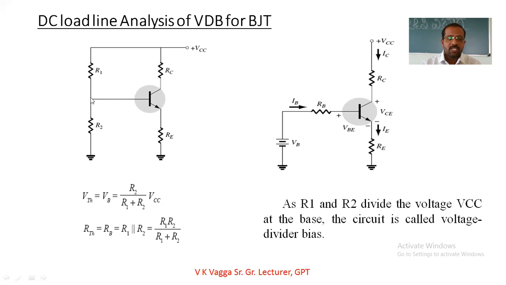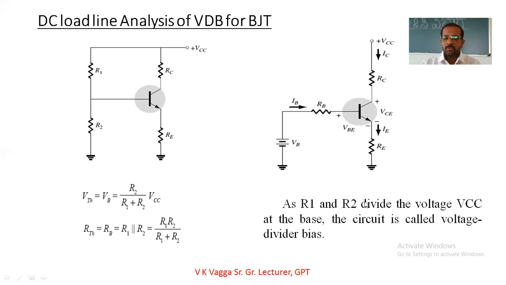So the voltage at this point is represented as VB, and R1 and R2 are simplified and represented as RB. RB is the base resistance, and VB is the DC voltage applied at the base of the transistor in the DC analysis.